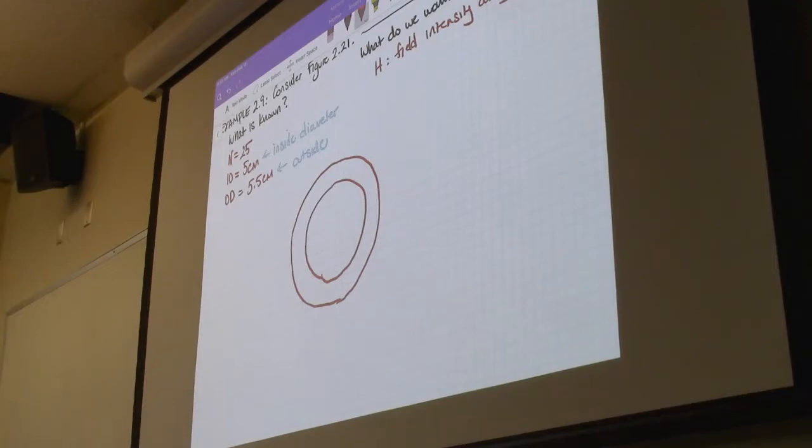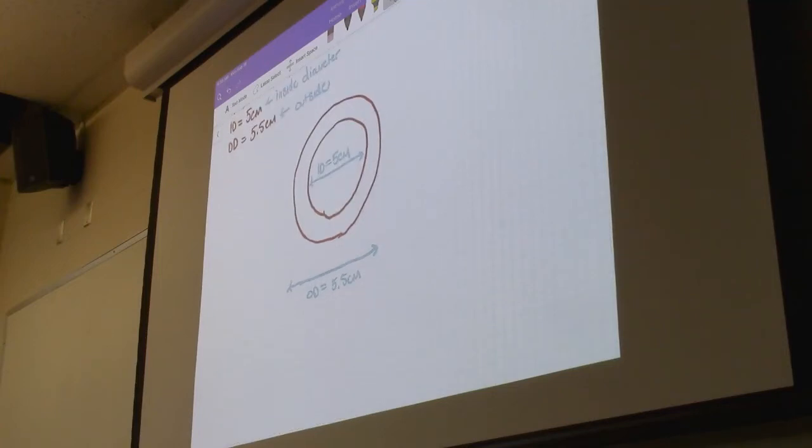We have our inside diameter, and our outside diameter. We have our coil, with a wire coming in.